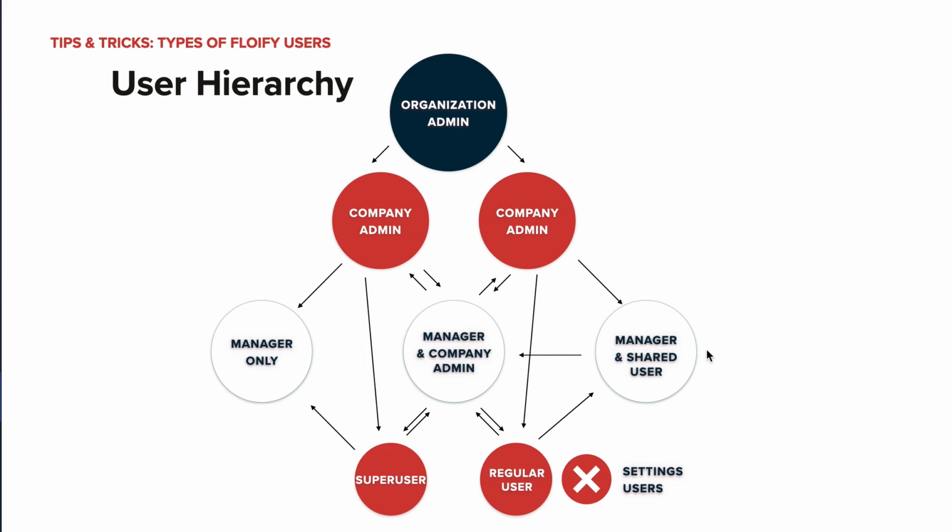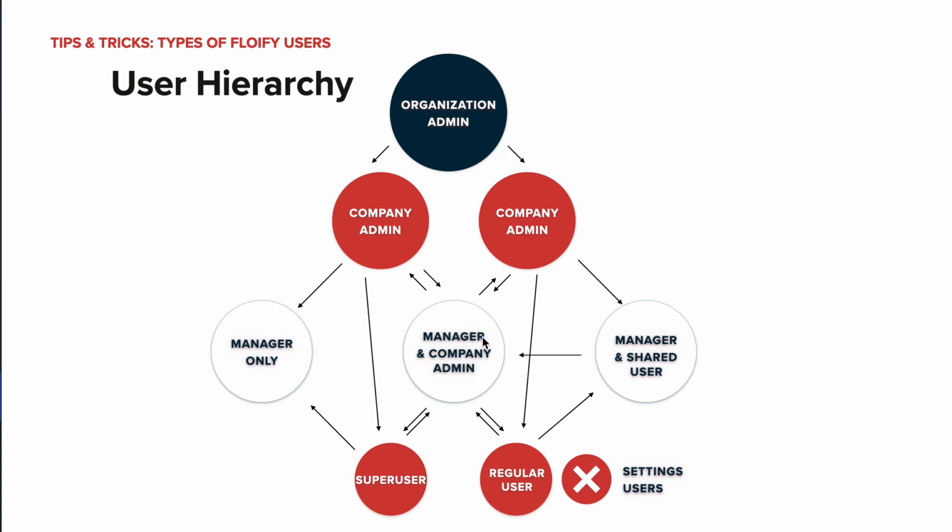And then we can see here the different types of managers. So we can have a manager account only. That manager will only then have access to their team account with their specific settings, their setups, their pipeline, everything like that.